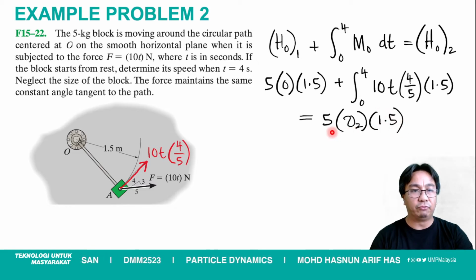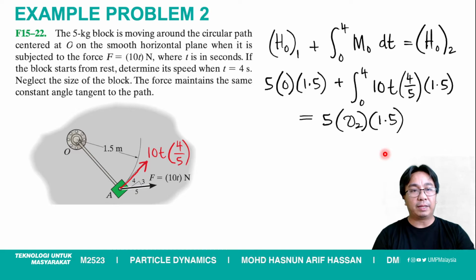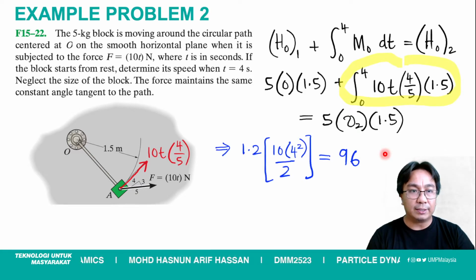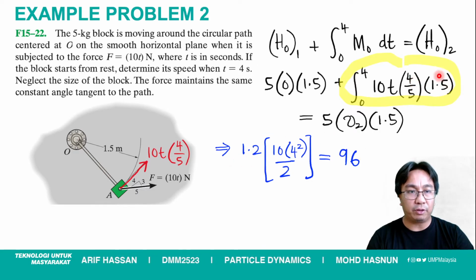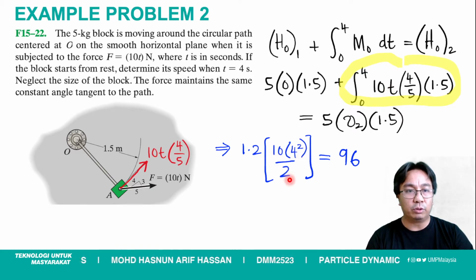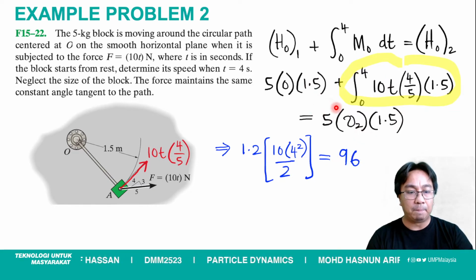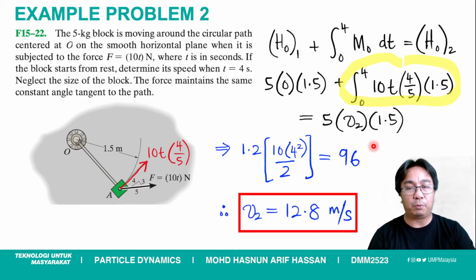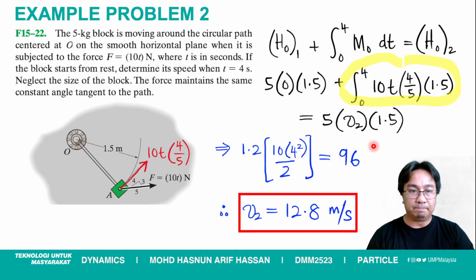Again, this is mvd, the angular momentum. For the integration part, 4 over 5 multiplied by 1.5 gives 1.2. From this, you get 10t square over 2. So you have 10, with t as 4 squared, divided by 2, you have 96. Substituting in this equation, you get the velocity v2 equal to 12.8 meters per second.